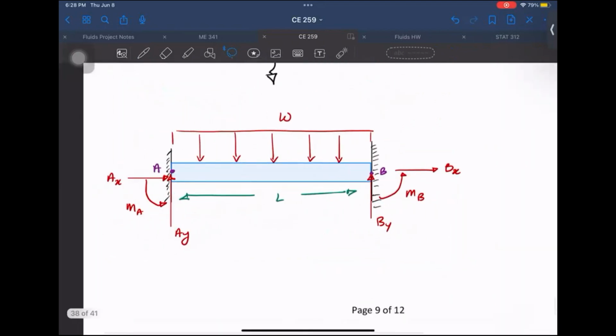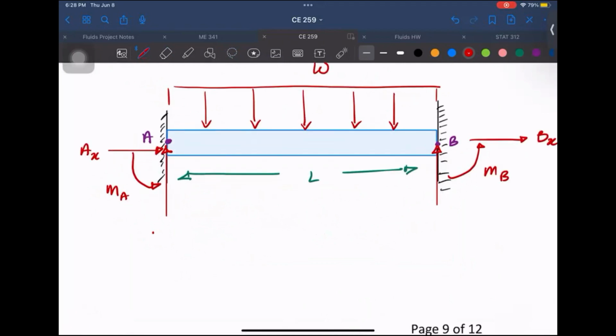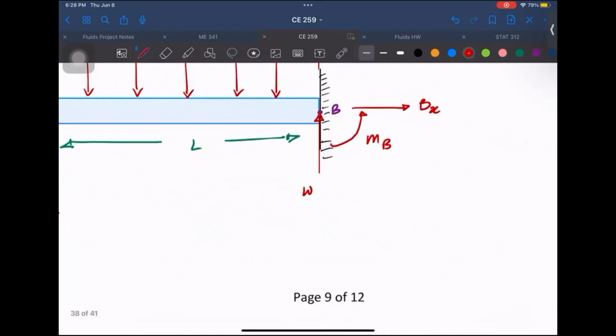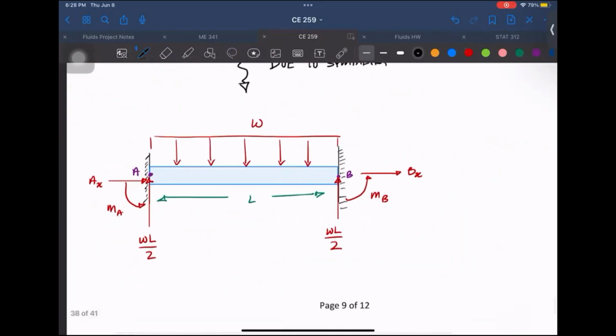For one, the vertical reactions at both ends would be equal to WL over 2. Now, why is that? Well, if you were to convert this distributed load right here into a point load, it would look something like this.